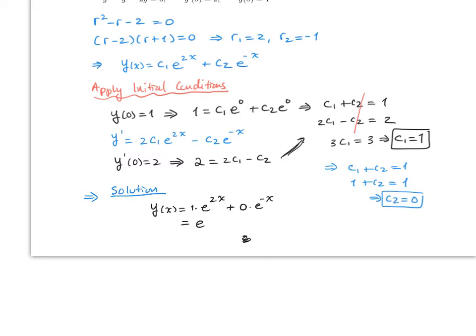So therefore, it's just e to the 2x. And that's it. And like I say, at least for now, this is very, very simple. It's faster than using the integrating factor method or exact equations or any of the methods from chapter 1.